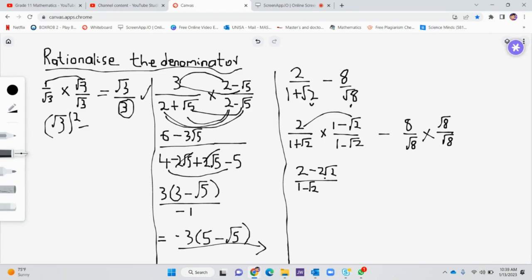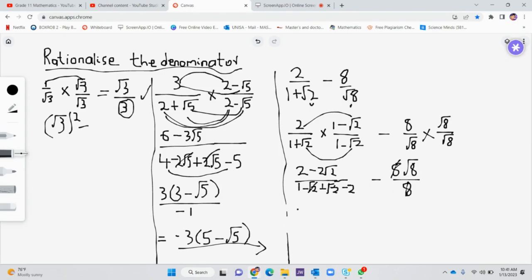Square root of 2 times 1 is plus square root of 2, and square root of 2 multiplied by minus square root of 2 is minus 2. Then for the second fraction, minus 8 times root 8 will be minus 8 square root of 8, and square root of 8 times square root of 8 is 8.